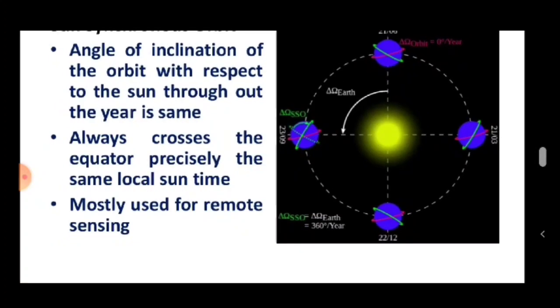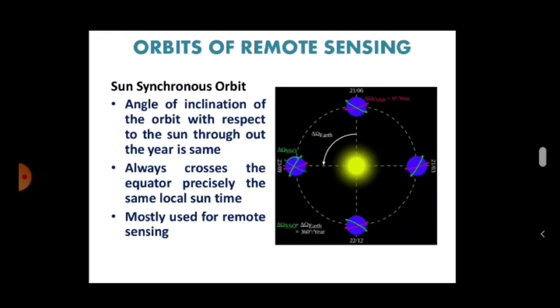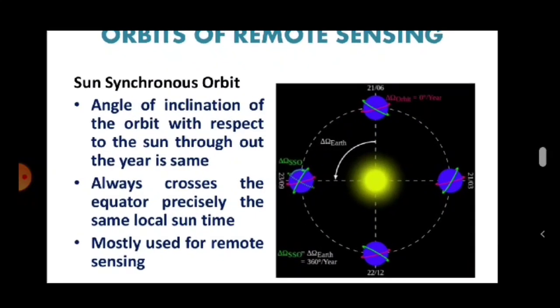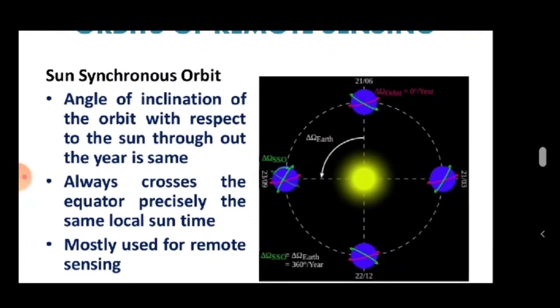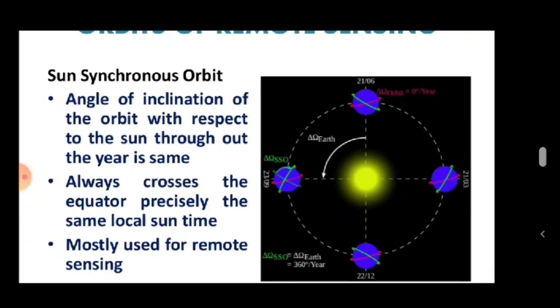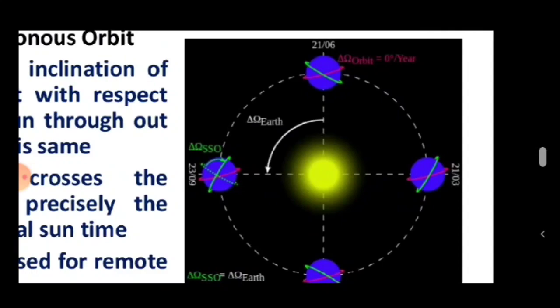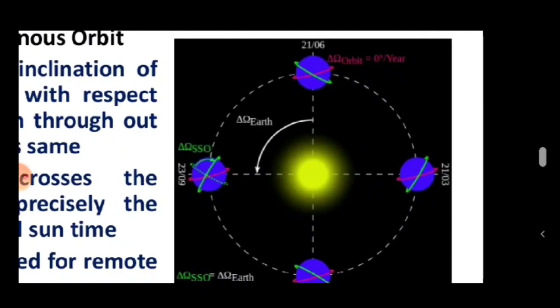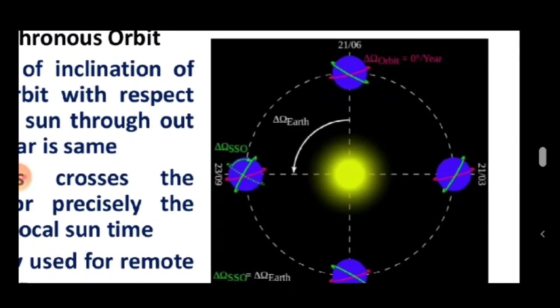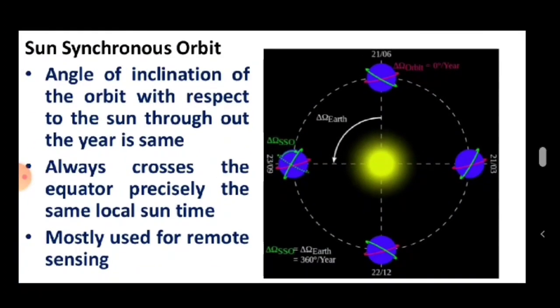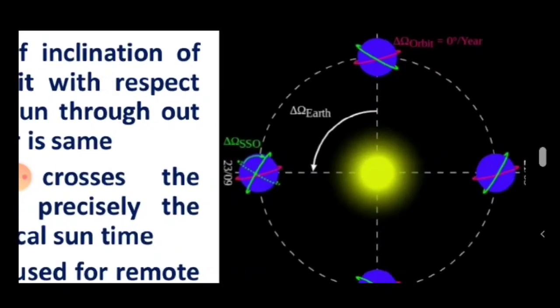These are also the types of orbits used most in remote sensing. As you can see in this graph, the angle of inclination with respect to the sun is always the same throughout the year, and it crosses the equator at precisely the same local time.